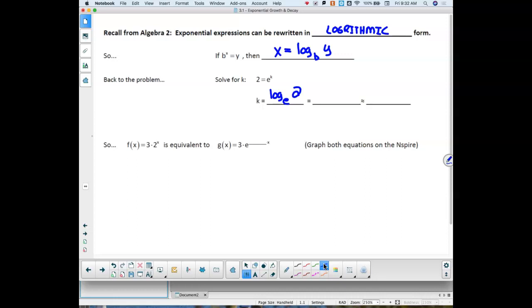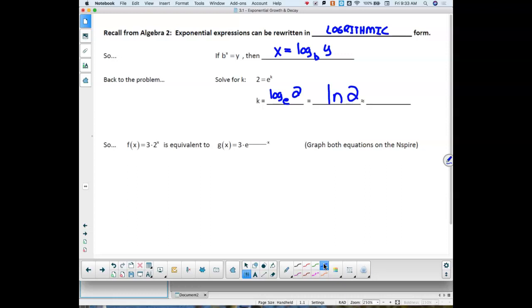Do we ever write log base e? What do we write instead? Not ln. Natural log. ln. Yep.